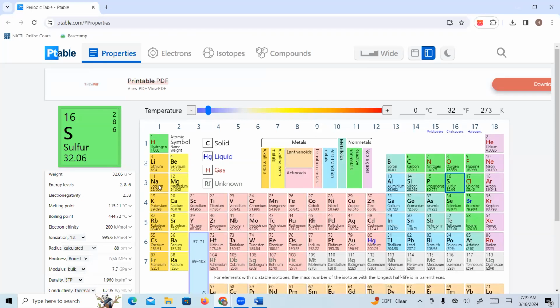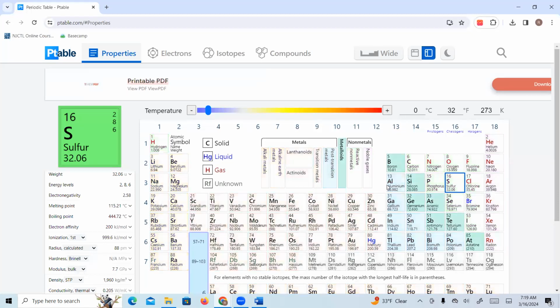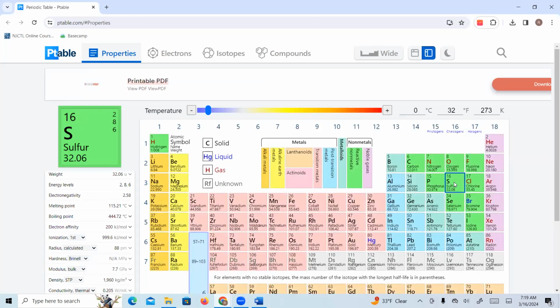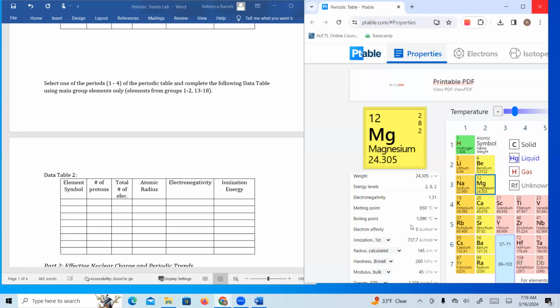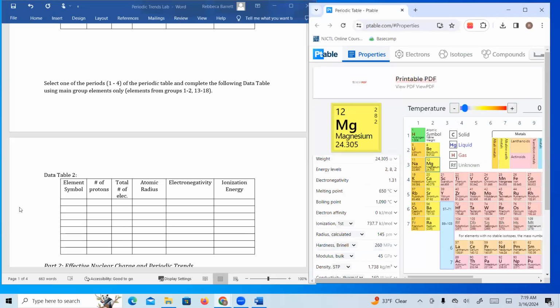Okay, so if I were to choose the third period, it would be sodium, magnesium, aluminum, silicon, phosphorus, sulfur, chlorine, and argon. And I would repeat the same process. So if I were to choose magnesium, I would write the symbol, number of protons, number of electrons, and then just record the radius, the electronegativity, and the ionization energy.